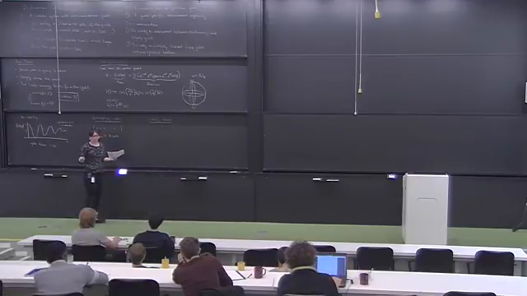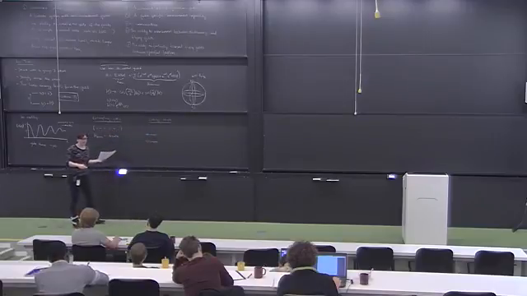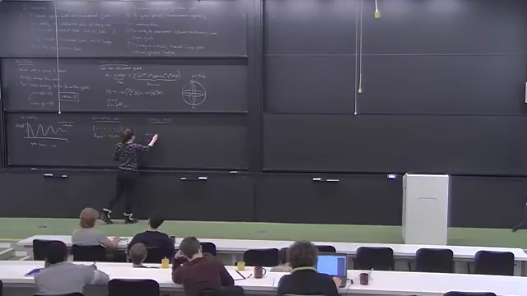We know that we've got the ground and the excited state. These are the electronic ground and excited states. Let's say this is the case for 0 phonons.